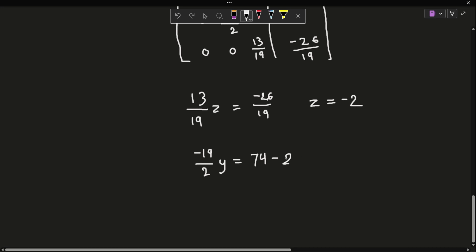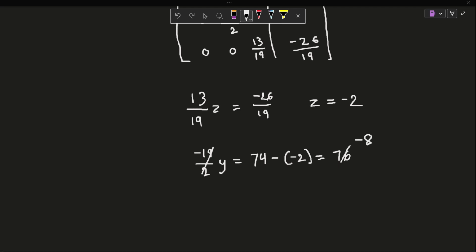So that's going to be minus 2. And then that's just going to equal 76. So dividing, canceling this out, that's just going to give us minus 8, I believe. So y equals minus 8.